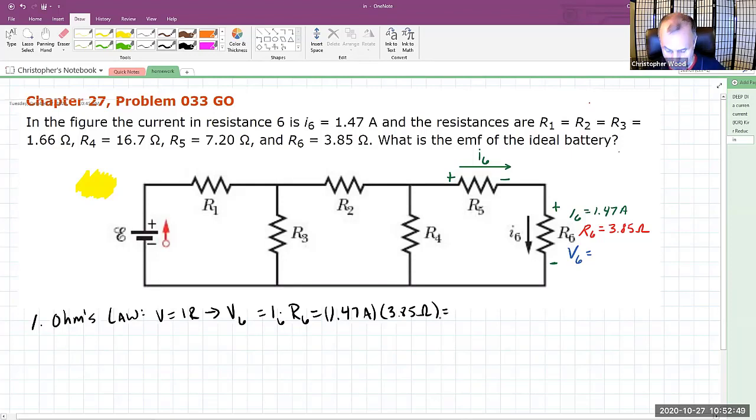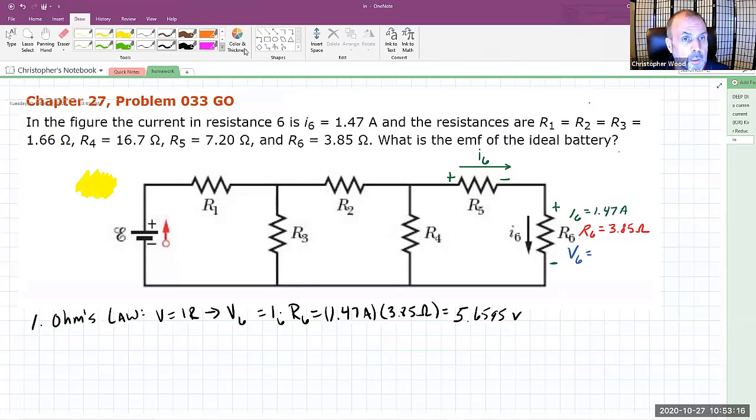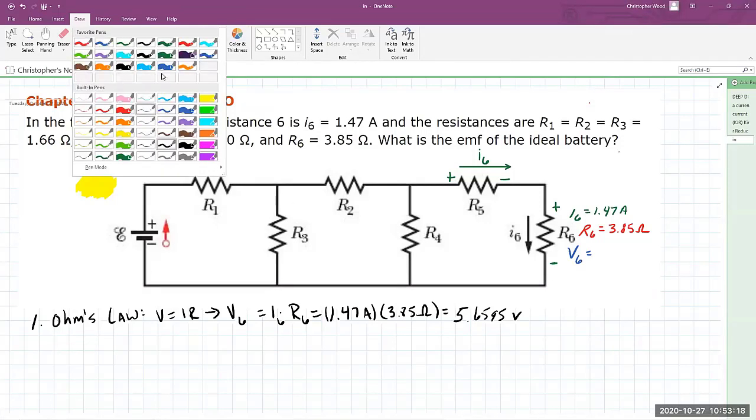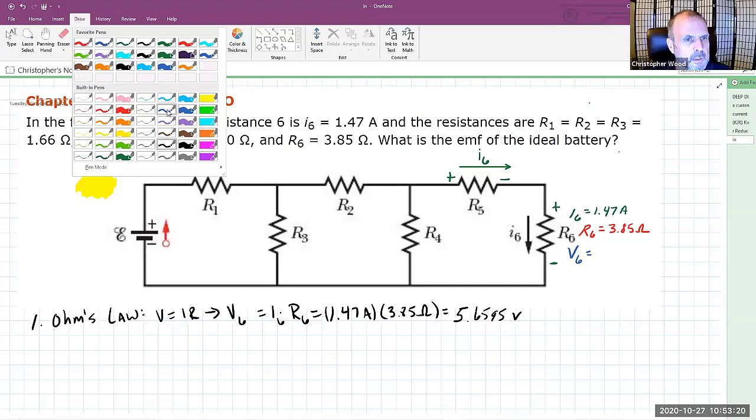We definitely have to store things in the calculator. So I've got 1.47 amperes times 3.85 ohms, or 5.6595 volts. 5.6595, store it in alpha A for sure, but I'll write it down here for record keeping purposes.